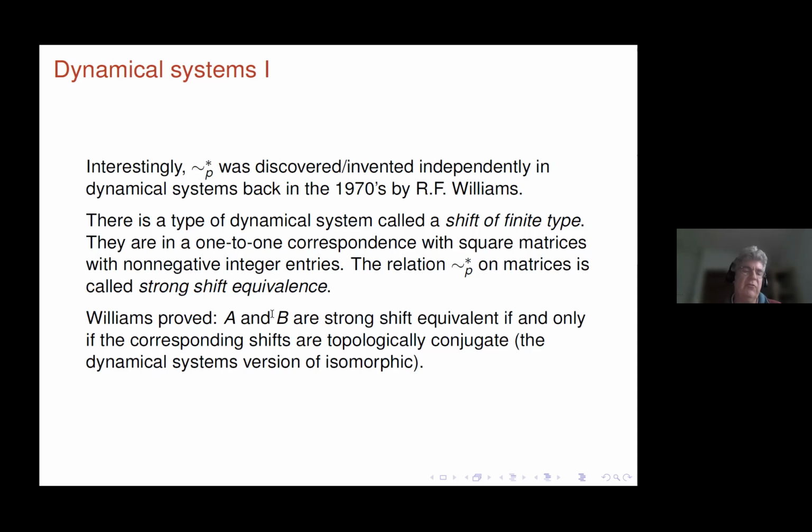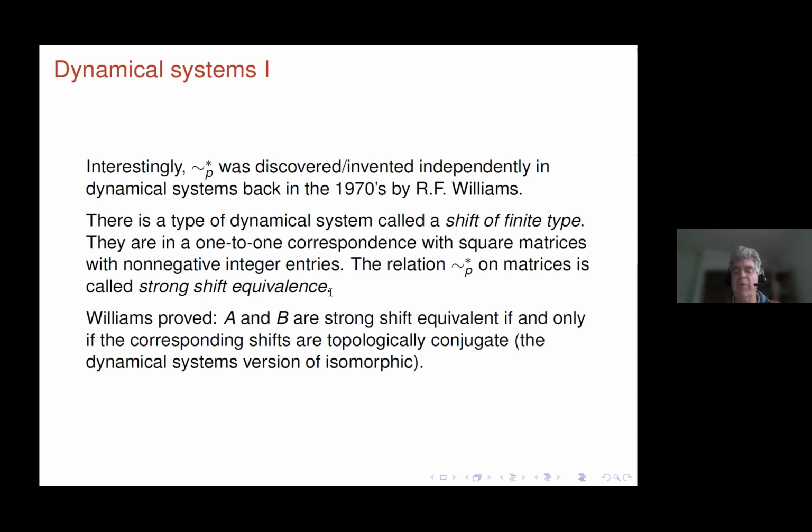Topological conjugacy is not exactly like group theoretic conjugacy. It's really a homeomorphism between dynamical systems that intertwines the dynamics. So it's kind of interesting to me, and as far as I can tell by digging through the literature and asking my friends who work in dynamical systems, this was entirely an independent development and was not based on any connection with the semigroup literature.